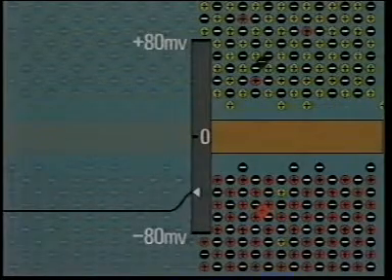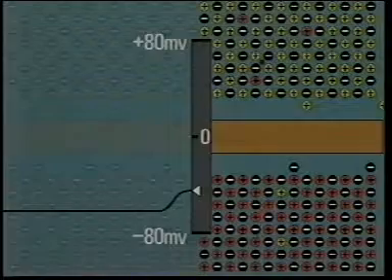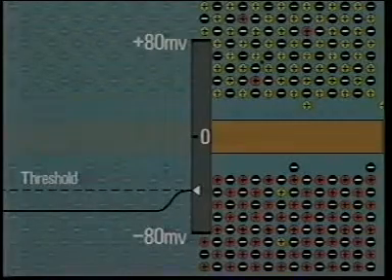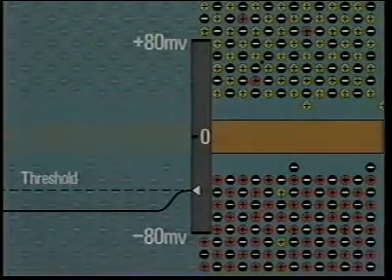If the depolarizing effect of the stimulus is large enough to exceed a threshold value, the depolarization triggers voltage-activated sodium channels within the membrane. These open, allowing sodium ions to flow down their concentration gradient into the cell. These positive ions further depolarize the membrane, which in turn triggers the opening of more sodium channels.